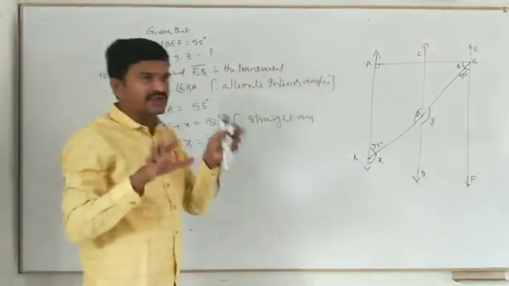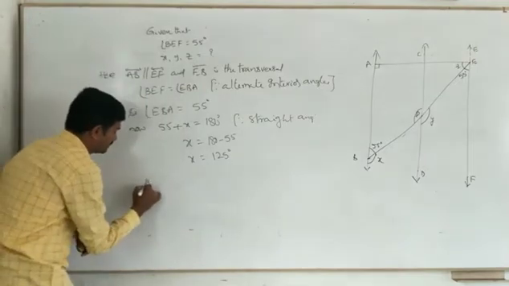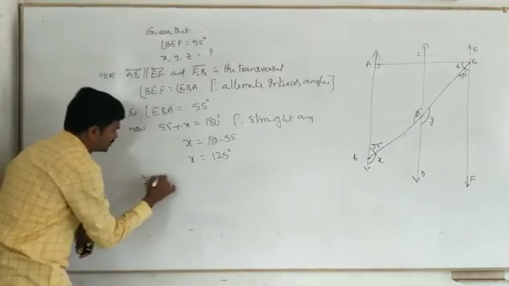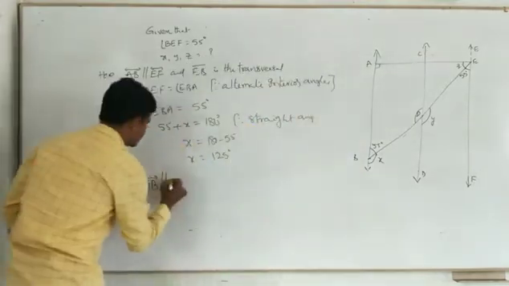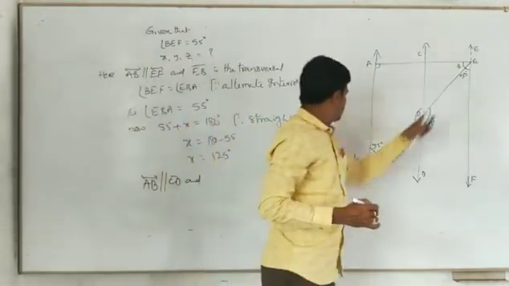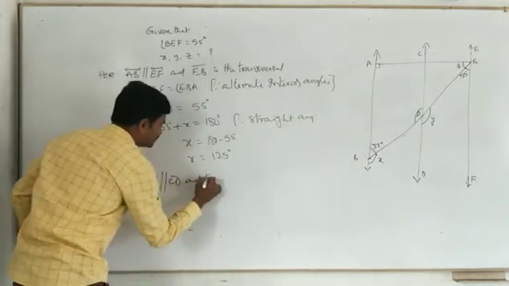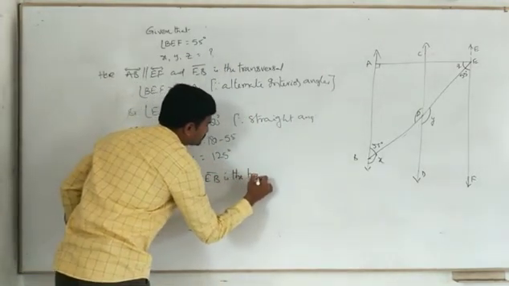Anyway, because of that I am telling you, you have to think once. So again, what do you write here? AB is parallel to CD and what is the transversal? EB is the transversal.